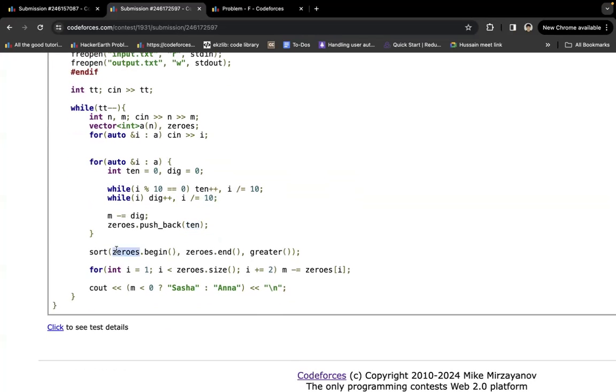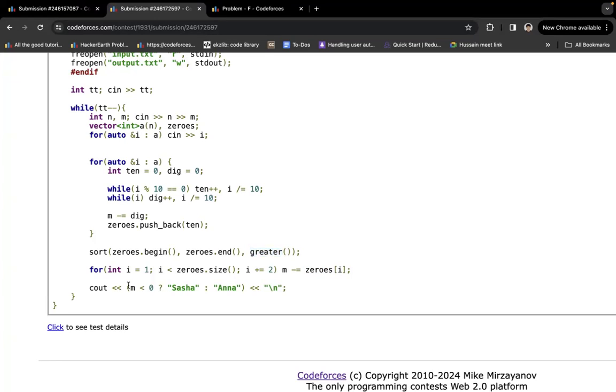So in the end, I just sort zeros in descending order. And as we discussed, Anna takes the largest, Sasha takes the second largest, Anna takes the third largest, Sasha takes the fourth largest. So I'm starting from the second largest, and then I go to the fourth largest, sixth largest, and I am reducing my target by zeros[i] every time.